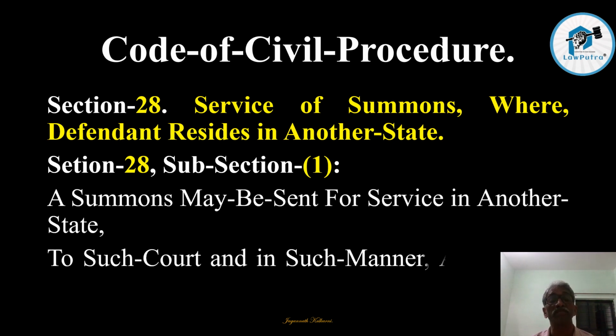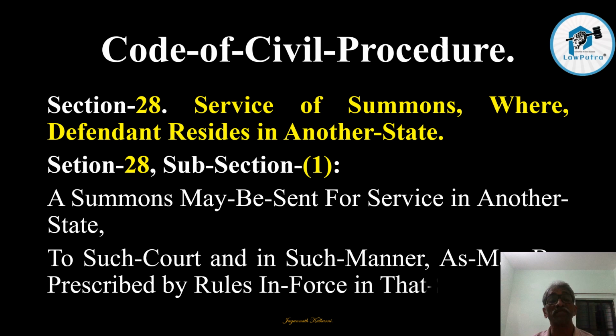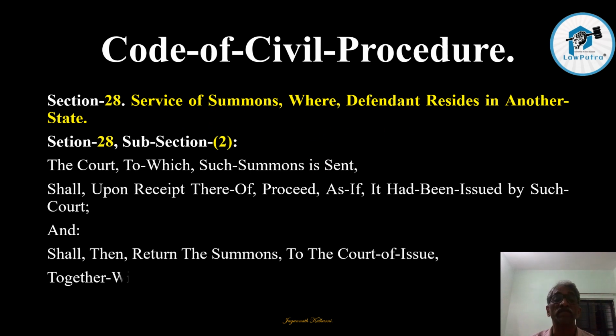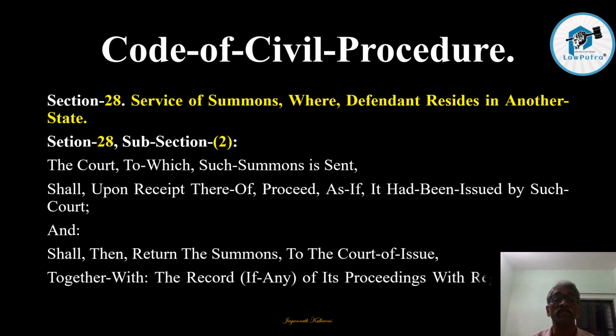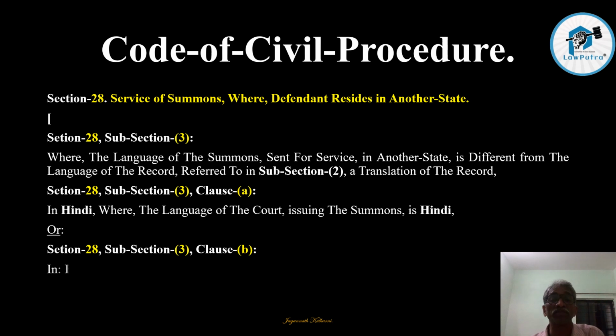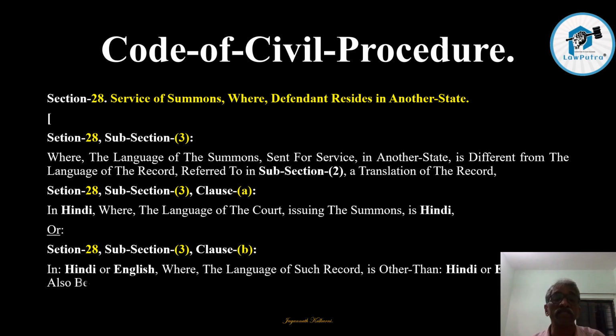Section 1, then subsection 2, and then subsection 3 with clause A, clause B. Right? It is about the translation of summons in another language when the language of the court is different.